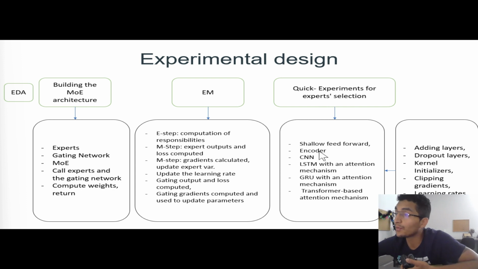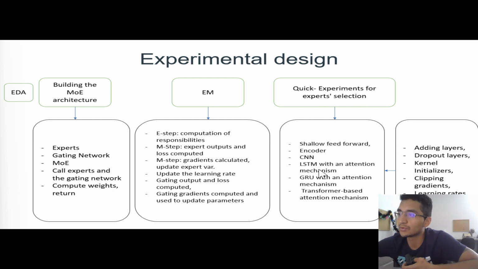We included an encoder component, and we did the same process. We also played with a convolutional neural network that did not provide the expected results, which was a bit surprising. And then we have the last three that are the ones that we selected.